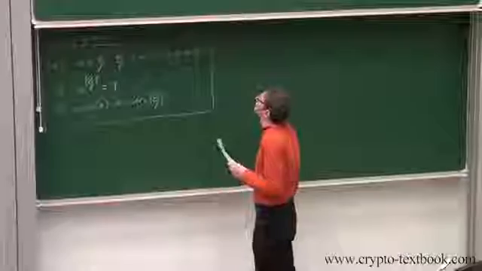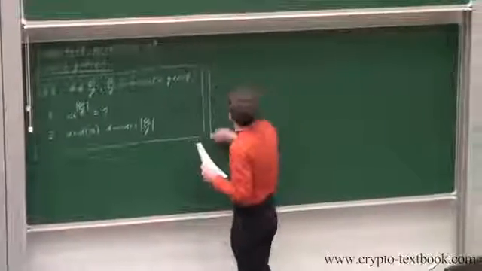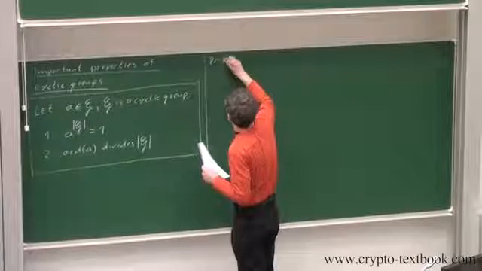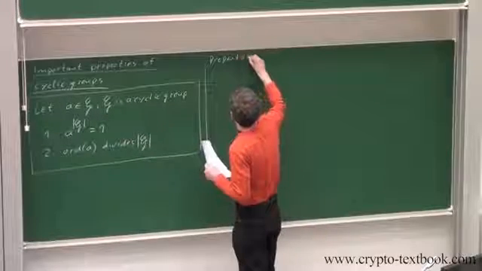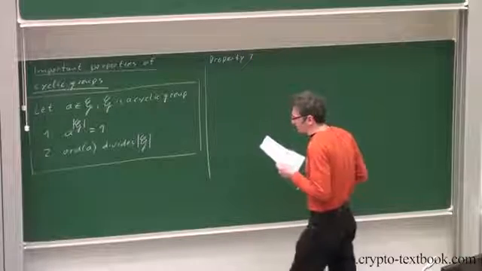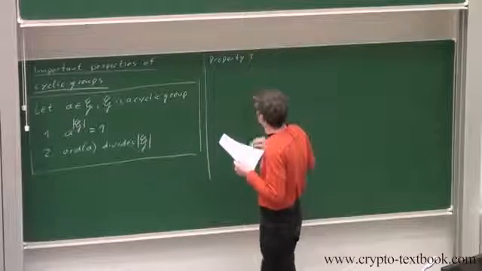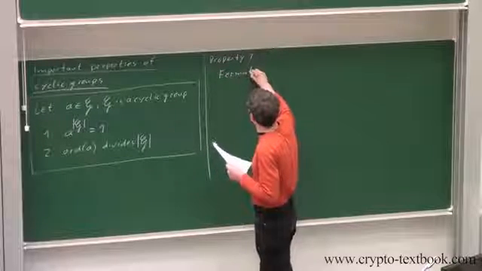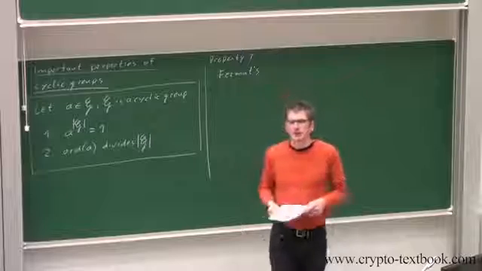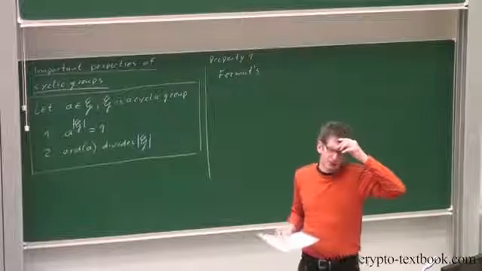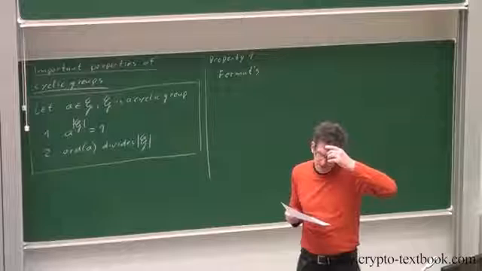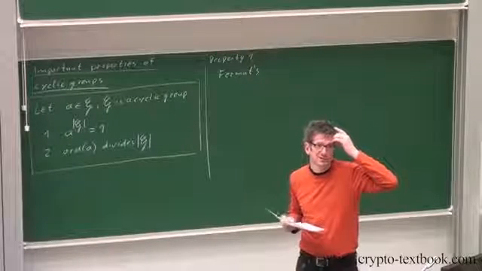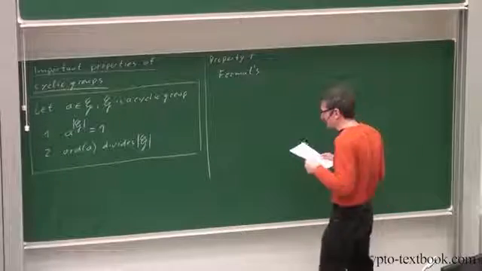Okay, for property 1, did Dr. Dürmuth do in the Übung, did he do Fermatsche Theorem? Kleine Fermat? Yeah. So you did Fermat's theorem. I thought you did.